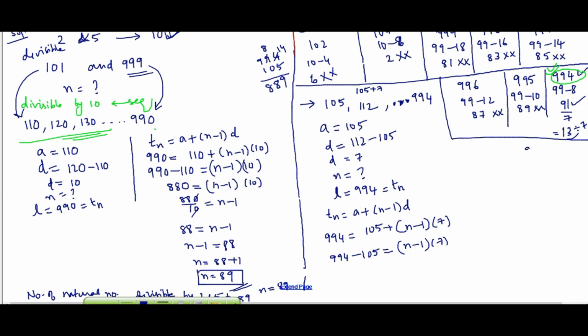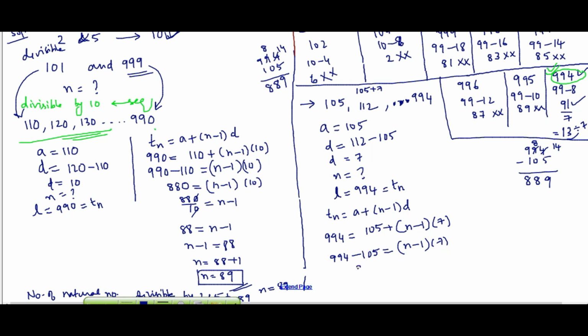Let us consider here 994 and 105 we are subtracting. This will become 14, 14 minus 5 is 9, and 8 minus 0 is 8, 9 minus 1 is again 8.